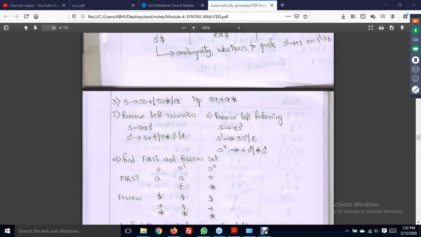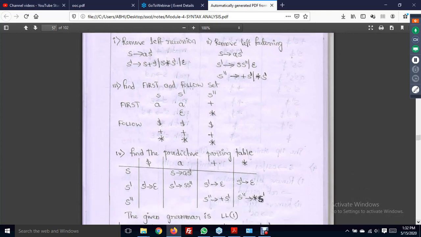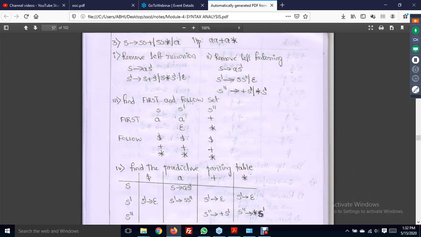Next is again a very good example where we try to understand with an example here. I have a production S → SS+ | SS* | a. By looking into this grammar, you should know whether it is eligible or not.